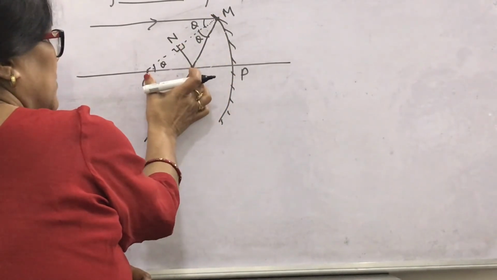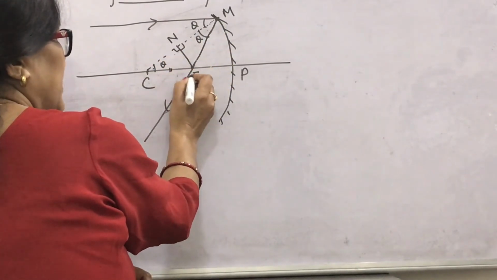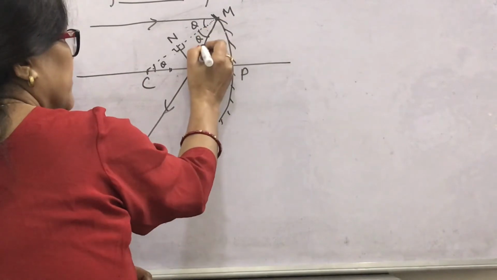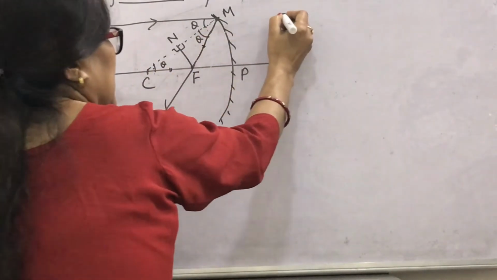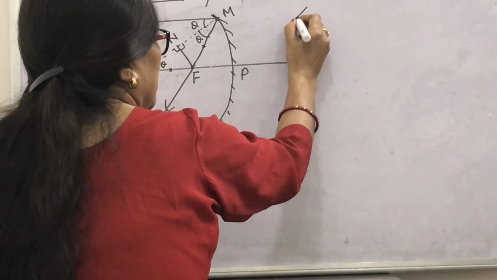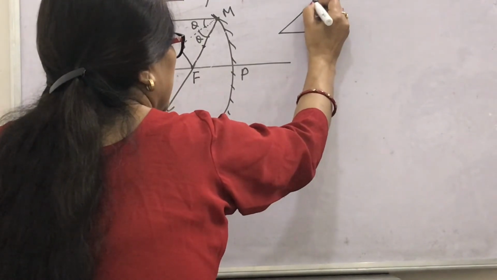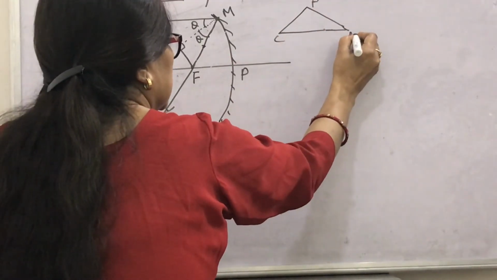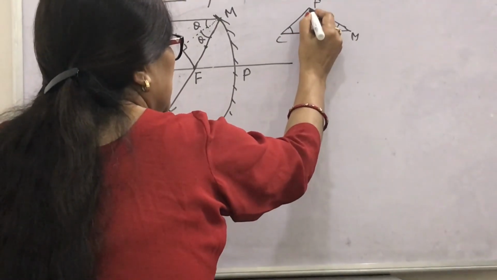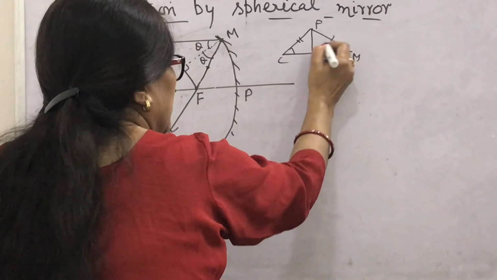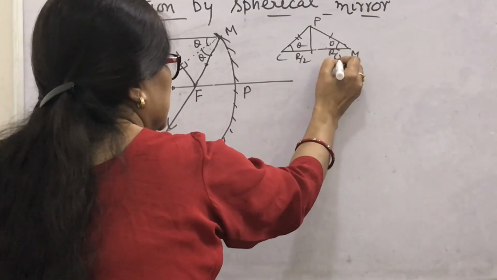Because the distances F to C and F to M will be the same, because these two angles are the same. In the triangle F, C, M, since these two angles are the same, these two sides will also be the same. So if this is R by 2, this is also R by 2.